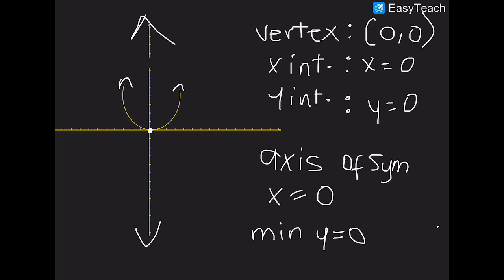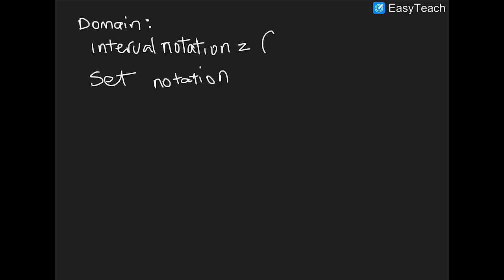Now, another thing that we'll be asked to do is our domain and range. I really don't like stating domain and range, but we do have to do it. So we have our interval notation and our set notation. Right, the interval is pretty much your nice brackets.